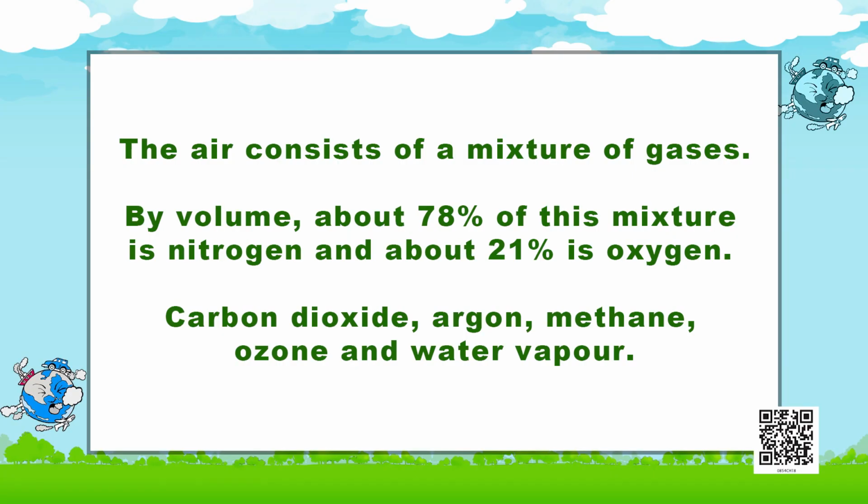The air consists of a mixture of gases. By volume, about 78% of this mixture is nitrogen and about 21% is oxygen. Carbon dioxide, argon, methane, ozone and water vapor are also present in very small quantities.